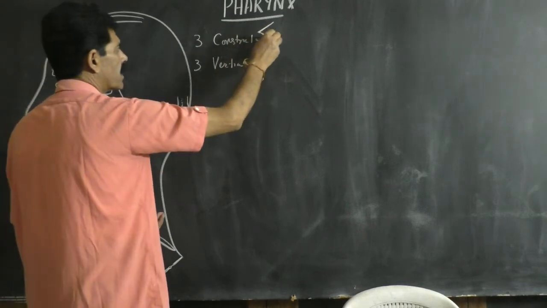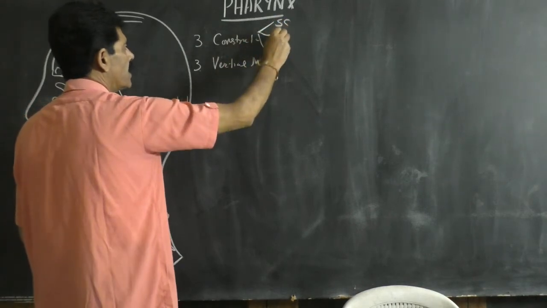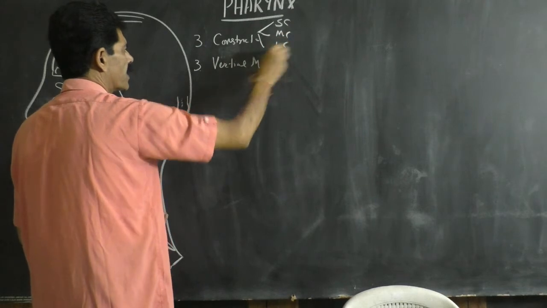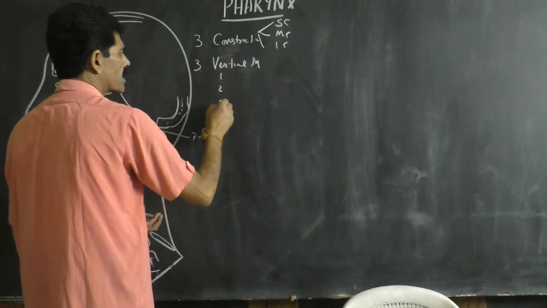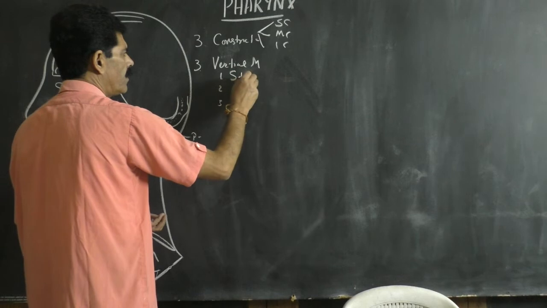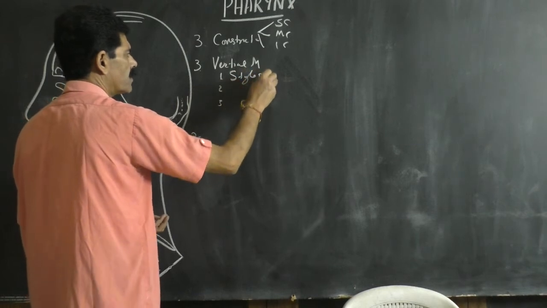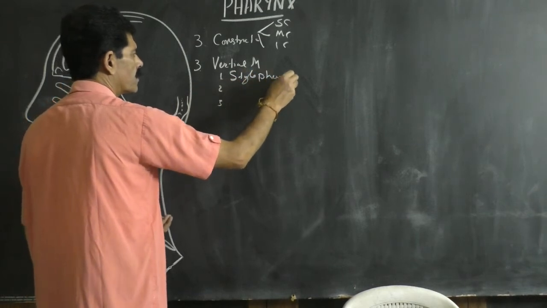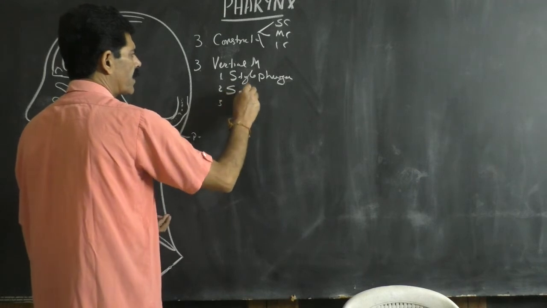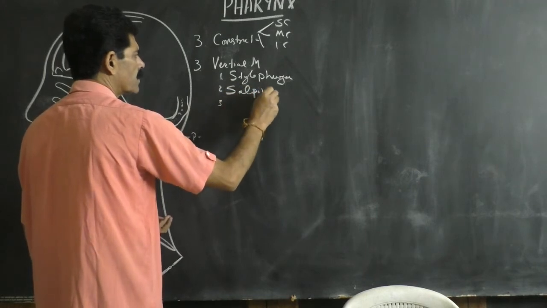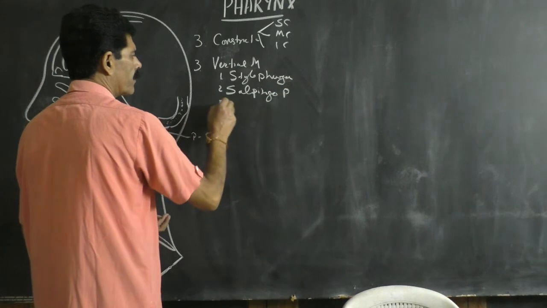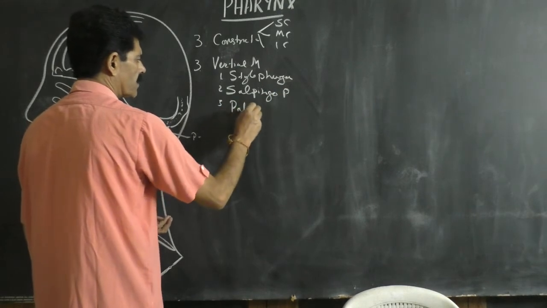The three constrictor muscles are the superior constrictor, middle constrictor, and inferior constrictor. The three vertical muscles are the stylopharyngeus muscle, salpingopharyngeus muscle, and palatopharyngeus muscle.